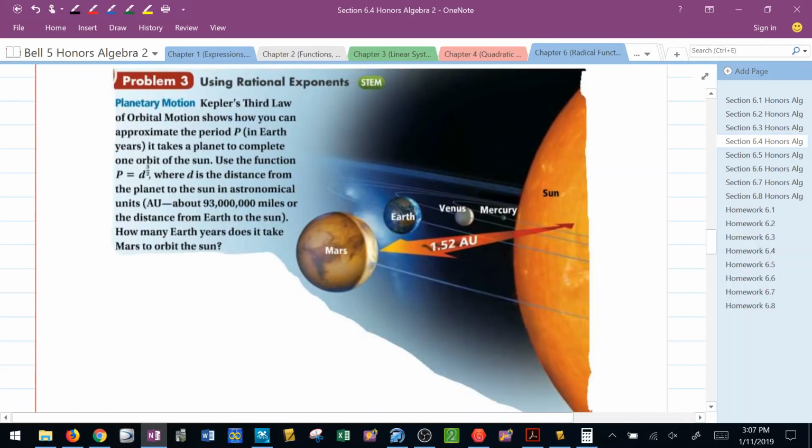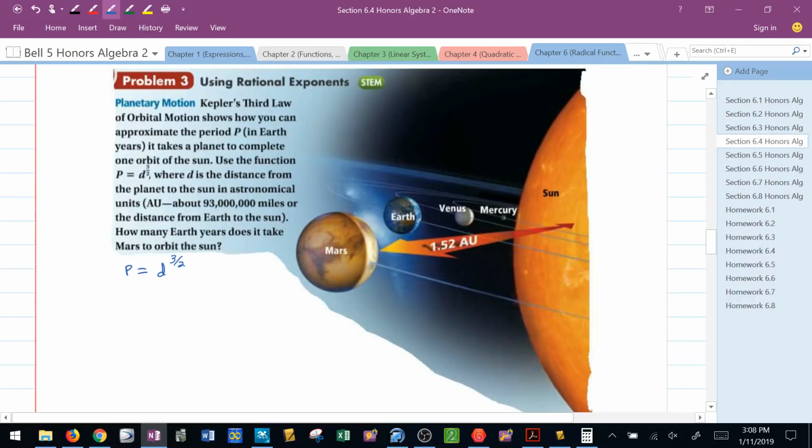Now, we're going to do one more problem here. This is just an interesting problem, I think. Applying Kepler's third law of orbital motion, it shows you how you can approximate the period in Earth years it takes a planet to complete one orbit of the sun. All right, it is defined as the function p equals d to the 3/2 power.